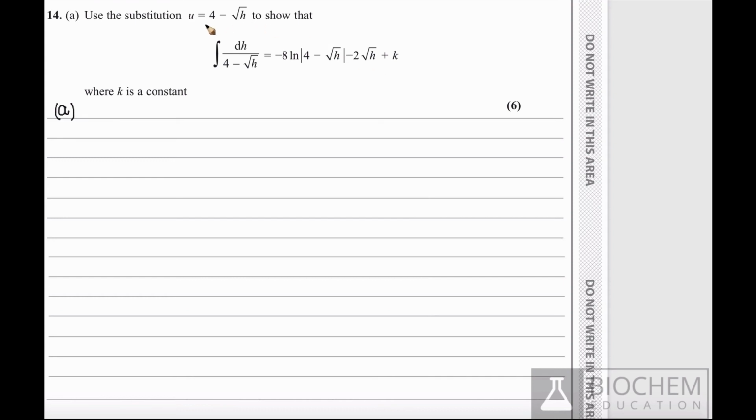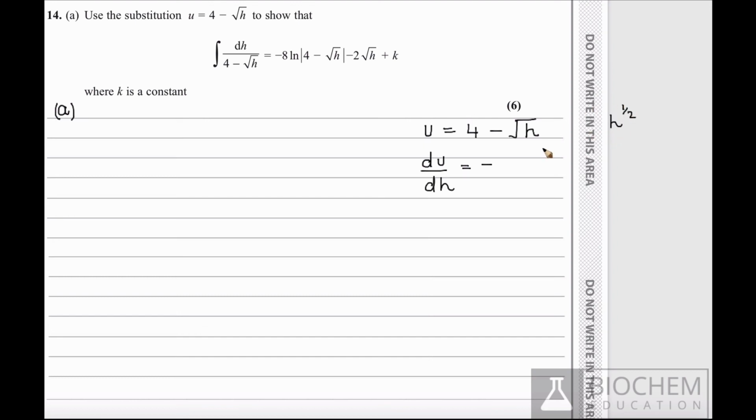We can start by writing down the substitution, which is u equals 4 minus square root of h. Differentiating this with respect to dh, we will get du over dh equals the differential of 4 is 0 minus this differentiated. Remember, this can be written as h to the power of half.